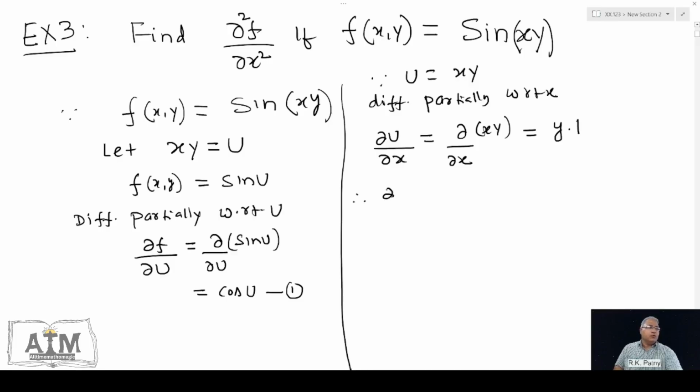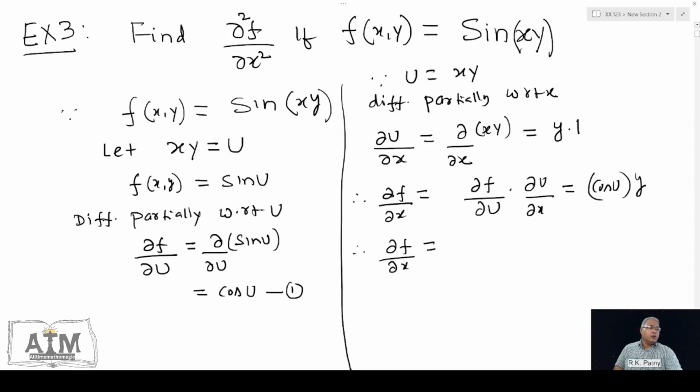Therefore, dou f by dou x, now applying the chain rule, is dou f by dou u multiplied by dou u by dou x, which equals cos u multiplied by y. Therefore, dou f by dou x equals y cos u. Now replacing back the u value, nothing but xy, dou f by dou x equals y cos of xy.